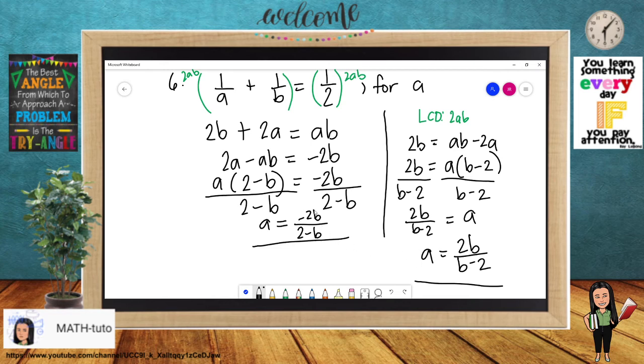So if you have this and you want to eliminate the negative, we can just multiply both the numerator and denominator by negative 1 and we will get this value. Still the same value, same fraction. Remember, we can always multiply a fraction by any number as long as we multiply both the numerator and denominator. We still obtain the same value for that fraction. From this, if we multiply by negative 1 both the numerator and denominator, we will also get this. So either of the two is accepted as a correct answer.